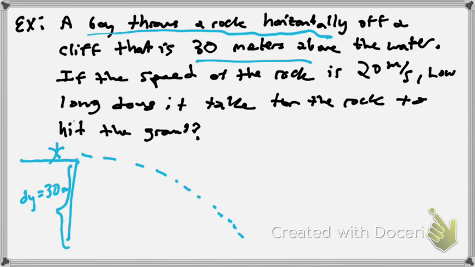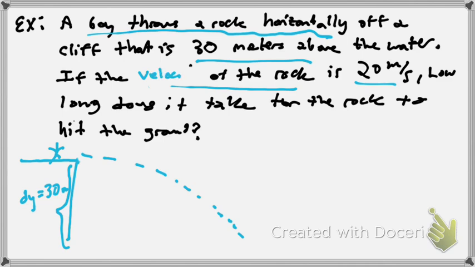What else do we know? We know that the speed of the rock is 20 meters per second. Speed is a scalar, but to solve this question, let's just assume that they said vector. Actually, let me put velocity of the rock.